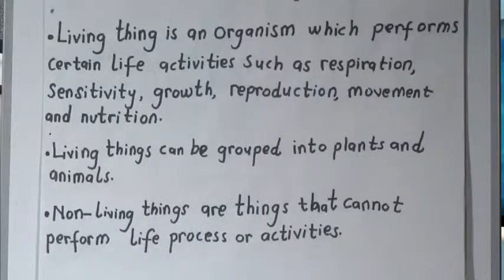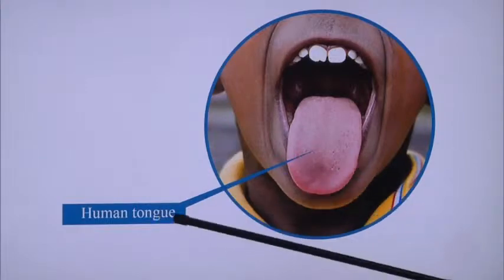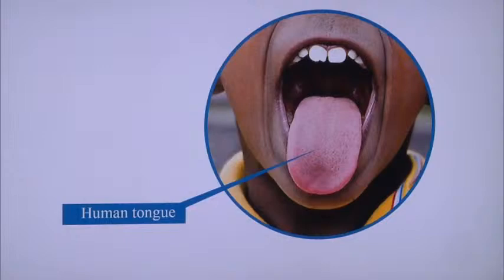Let's go to our screen and see what we mean by sensitivity and the sense organs. We have done sense organs in our previous lessons. And we saw that one of the sense organs is what? The human tongue.